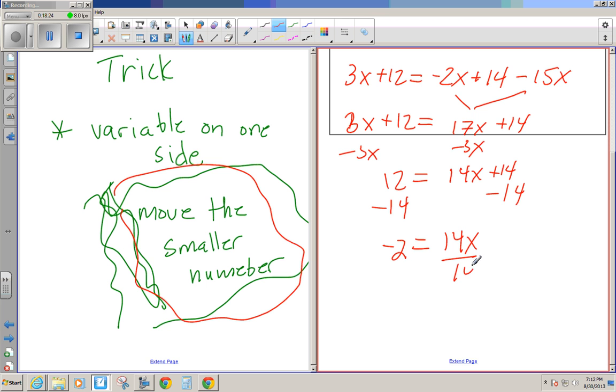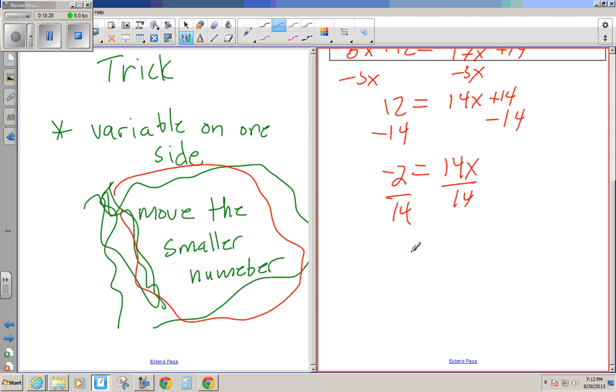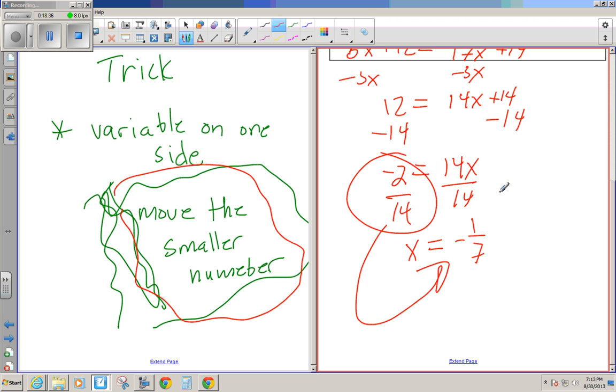Divide by 14. You're going to have to squeeze this in there. And x is equal to negative 1/7. You reduce that to 1/7. And you should go back and check to make sure I did it right.